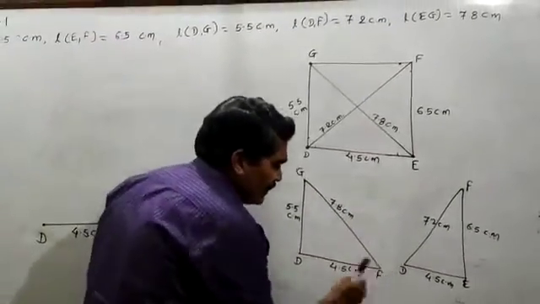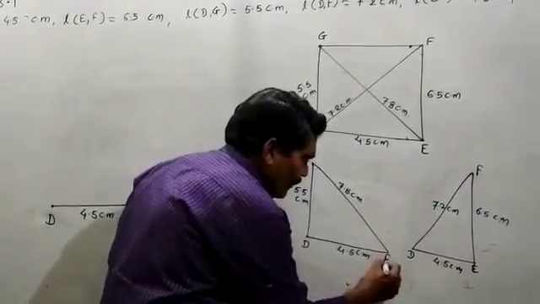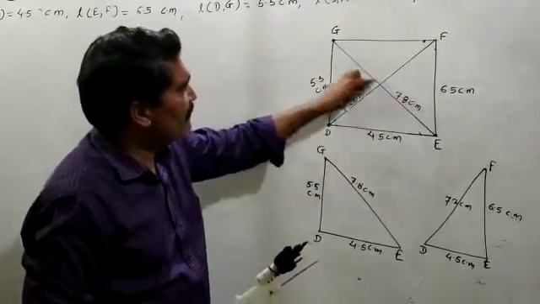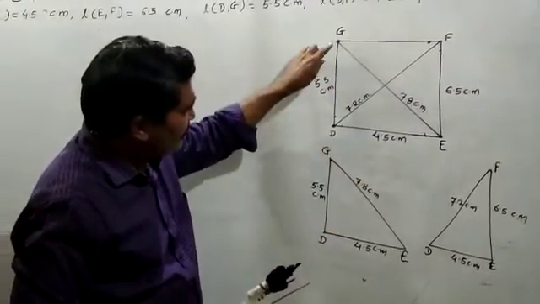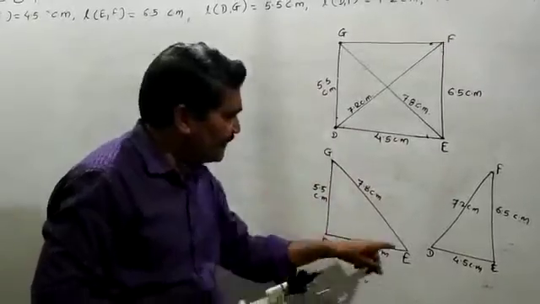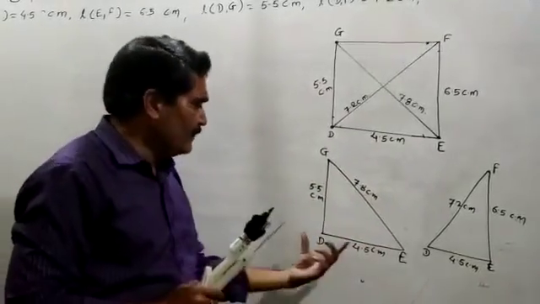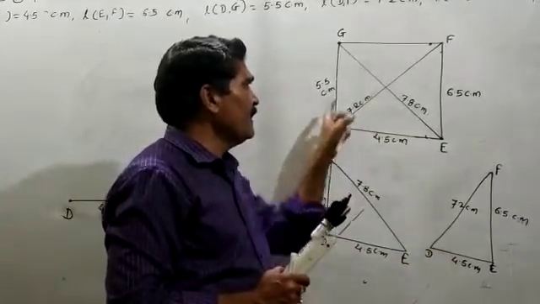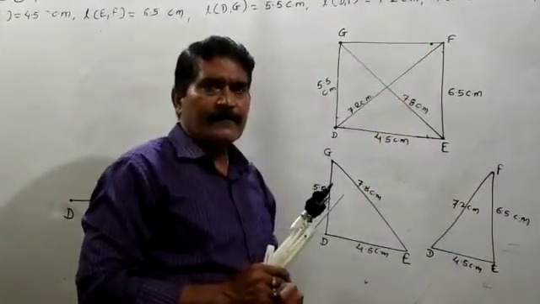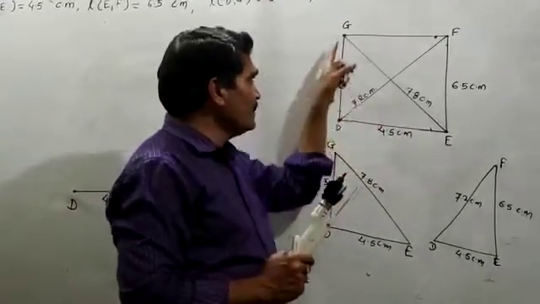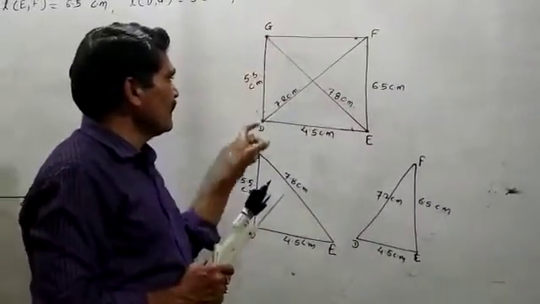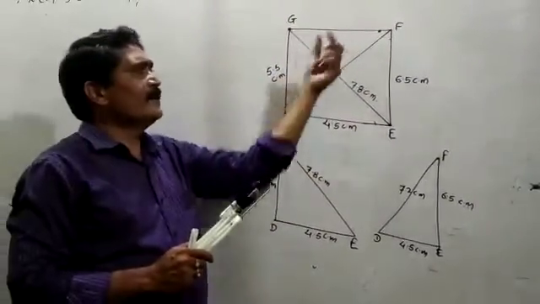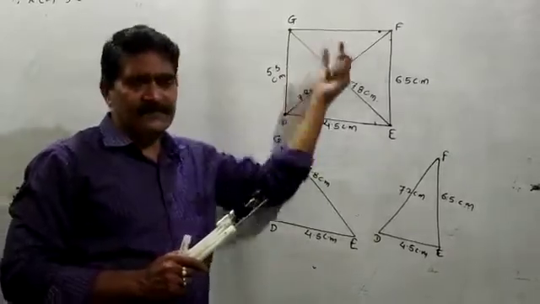First of all, you have to draw the DE base of 4.5 centimeter, and construct the triangle GDE first. Then you have to utilize the same base and construct the triangle DFE. After that, you have to join this line GF.